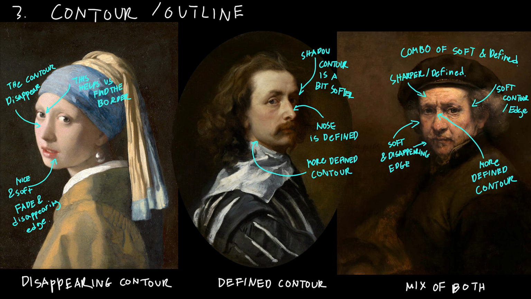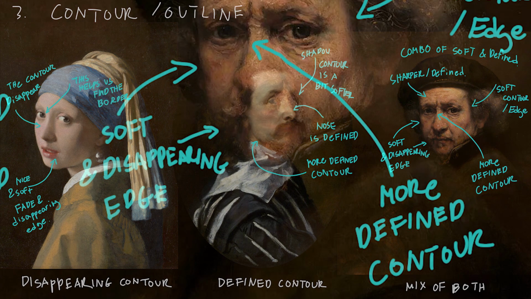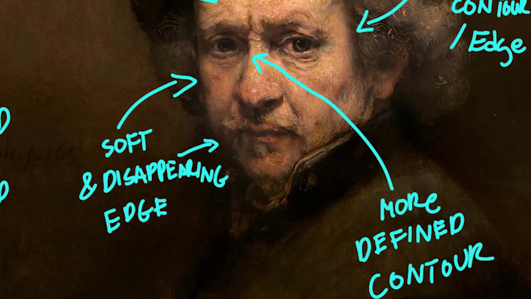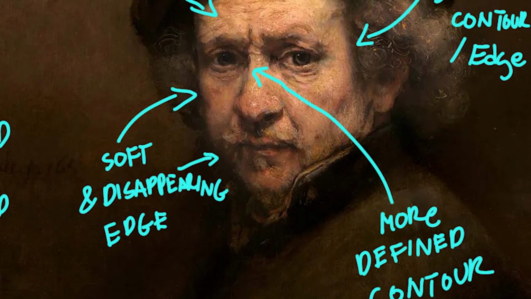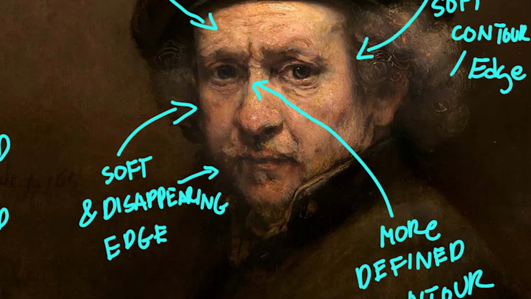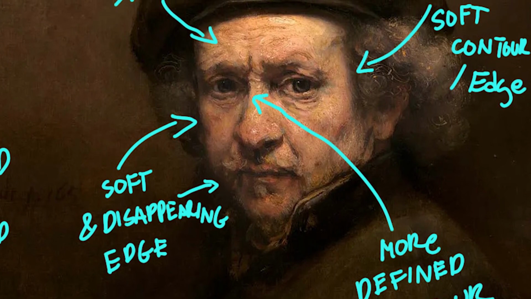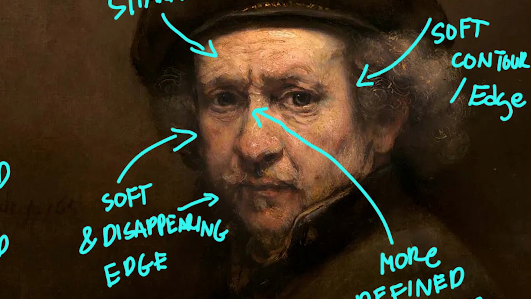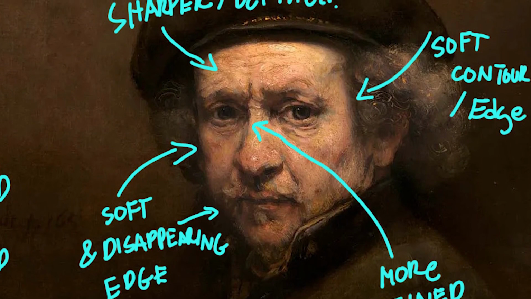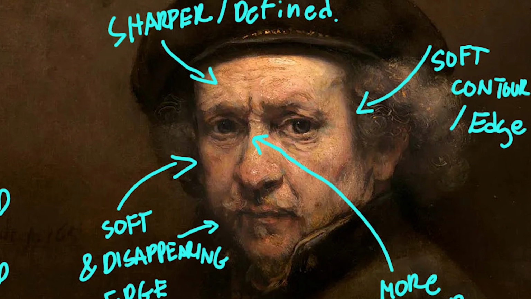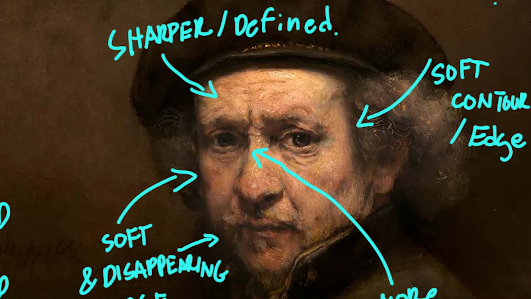Rembrandt, surprisingly, he also has a softer contour. You would think that since he has the really rough skin texture and stuff, everything would be super sharp. But no, he did a great balance of actually adding lots of soft contours. If you can see the left side of his face, that part is very much disappearing into the shadows.